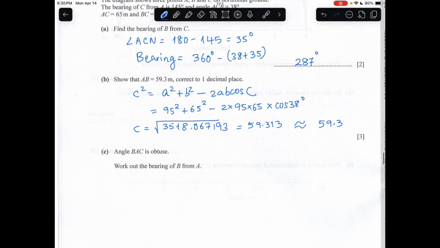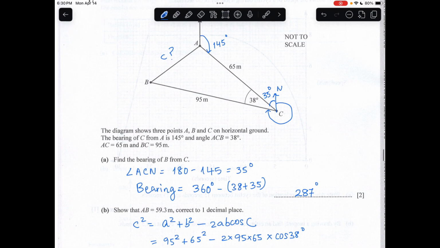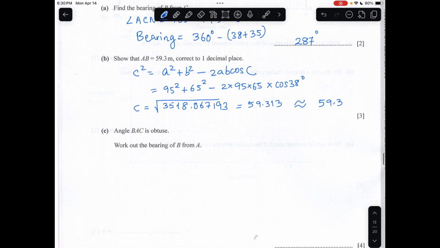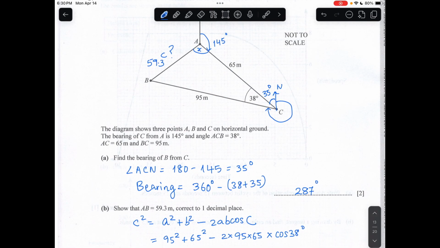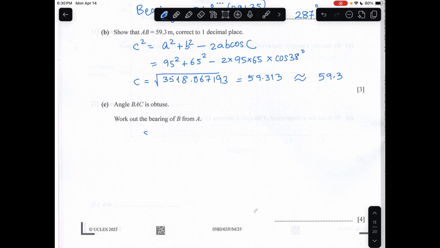So to calculate this angle, I'm going to make use of the sine rule. I have the opposite side and I have this angle, which I just calculated as 59.3. So let me call this angle X. Using the sine rule, sine X over 95 meters is equal to sine 38 degrees over 59.3 meters.